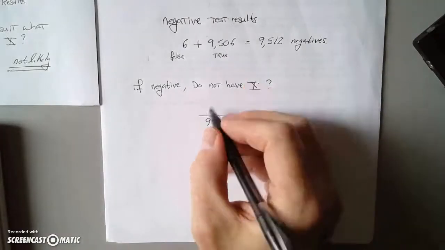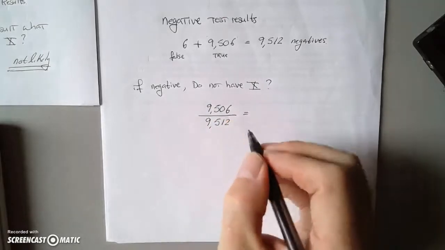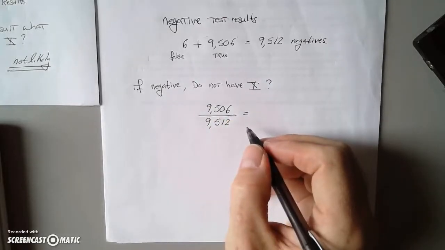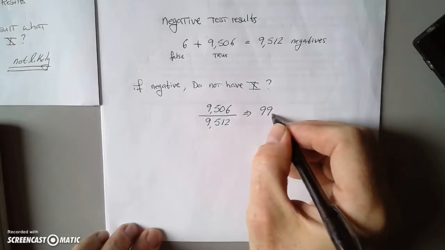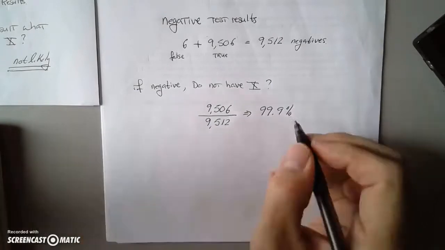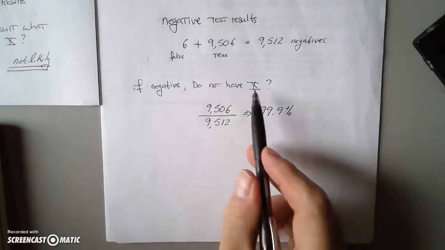Right? So that would be 9,506. So 9,506 divided by 9,512 is 99.9%. So if you get a negative result, you can be very confident that you don't have it.